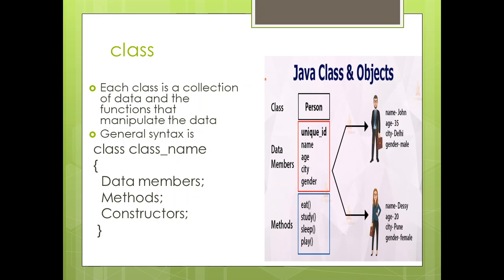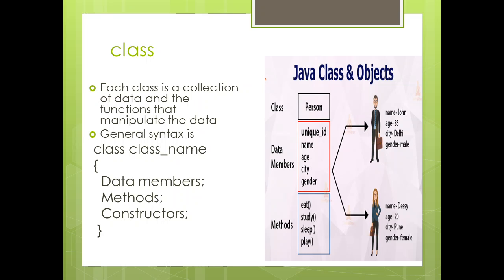These data components of the class are called data fields or data members, and the functional components are the member functions, the methods of the class. These were called functions previously in C++, but now we use the word methods.